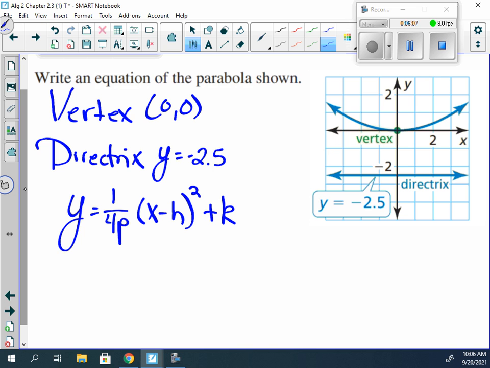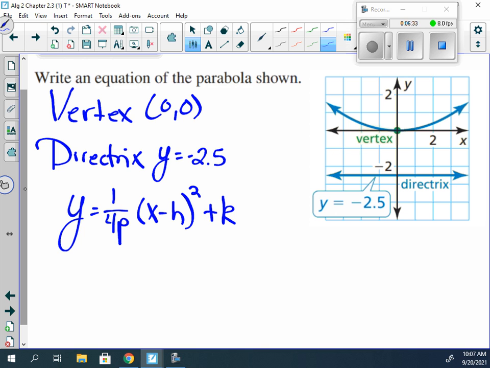And there are two main ways we can get this. One, we can go off the fact that the directrix is y equals, or the fact that y equals x squared is a parabola that is either going to go up or going to go down. The x equals 1 over 4p times (y minus k) squared is actually going to be a parabola that either opens to the left or to the right. It's going to open to the sides.